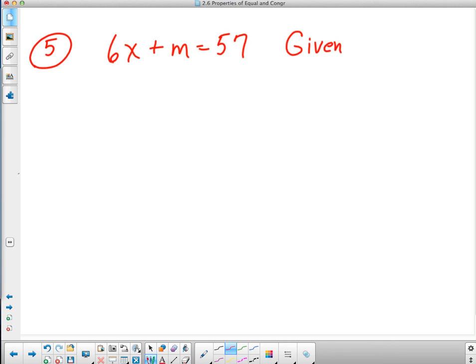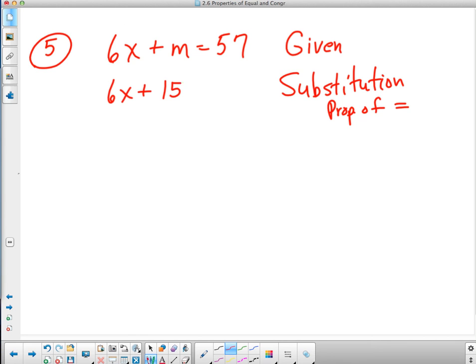Okay, then what do we need to do? Correct, substitution. So we're going to do a substitution property of equality. So just substitute in, and m's supposed to be 15. So 6x plus 15 equals 57.